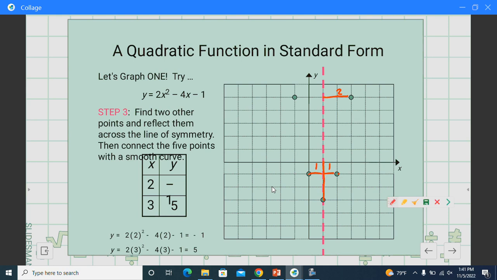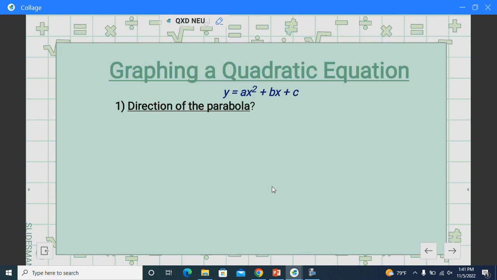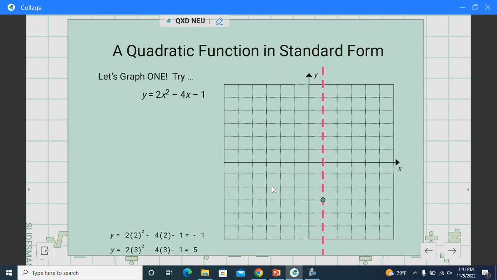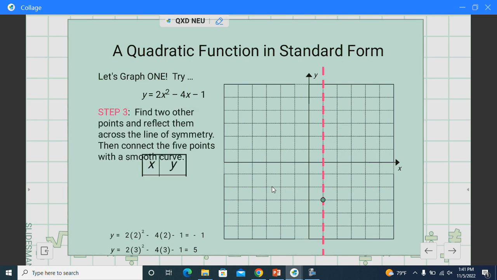After those are reflected, we now have the parabola. Let's just have a quick recap about that.